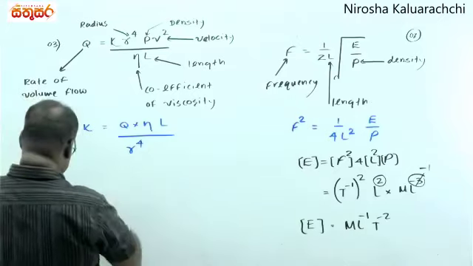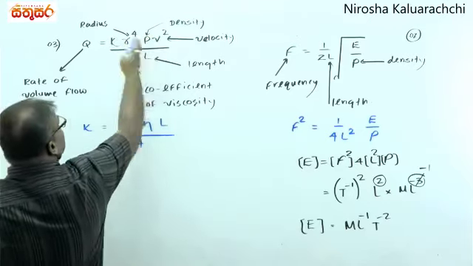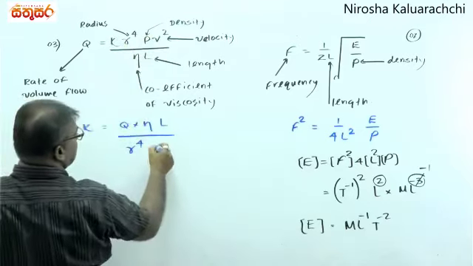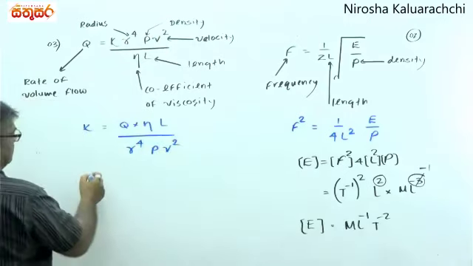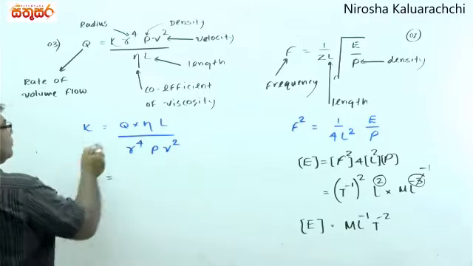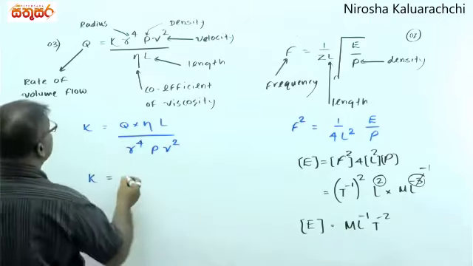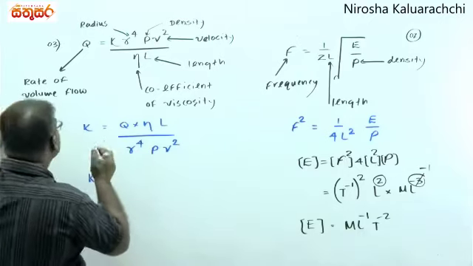Rho V squared. Here K is the subject, rho V squared comes down. K becomes Q. Q is rate of volume flow. In the previous case, we wrote this one, no?